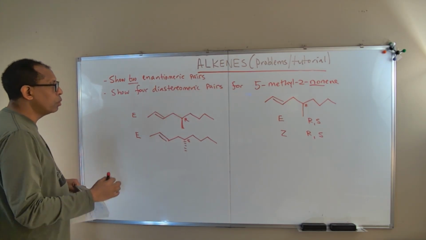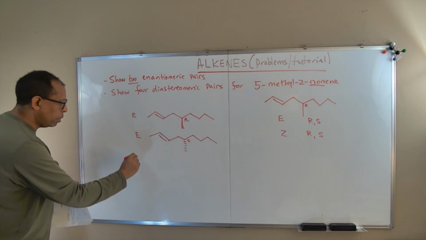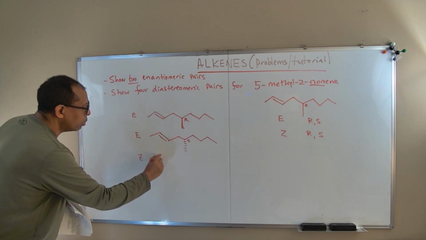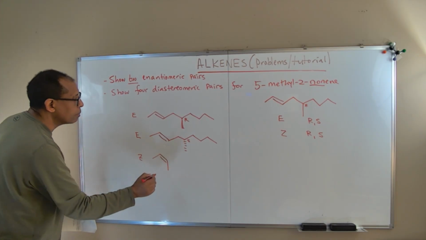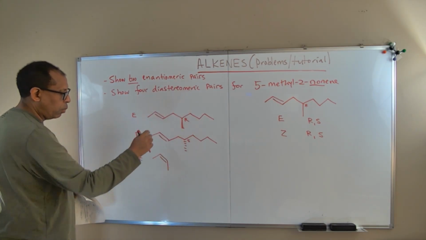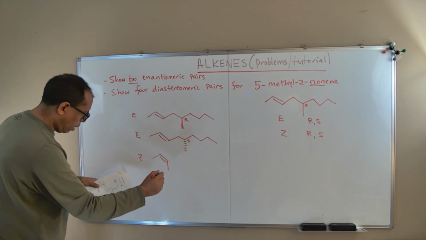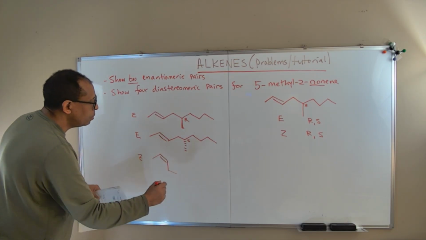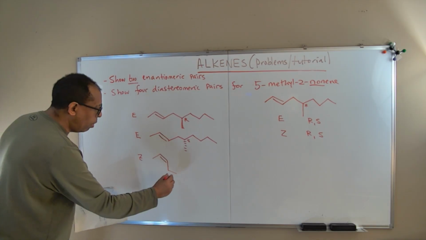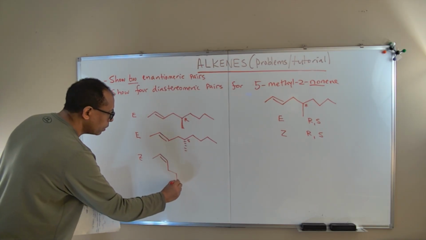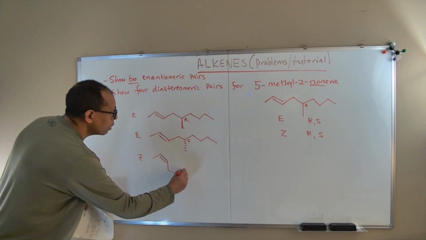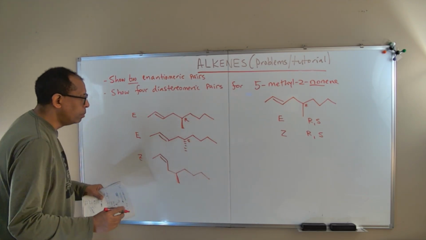The other pair, the second pair, would be the Z. When it comes to the Z, it should be something like this instead of that way, so that I would have this, that is right there, and the rest would be the same.